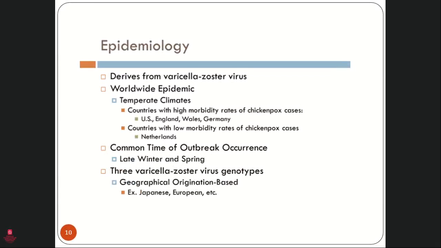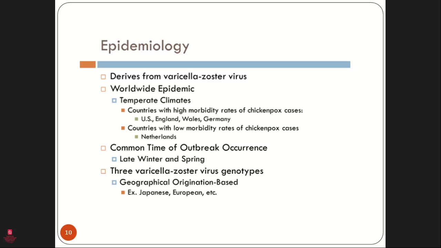Epidemiology. Varicella affects nearly all children worldwide who do not have immunity. Annual incidence is estimated at 80 to 90 million cases. The epidemiology of varicella differs between countries with temperate climates and those with tropical climates.